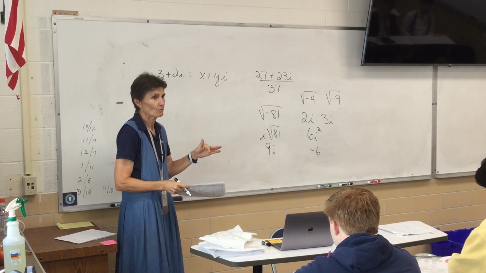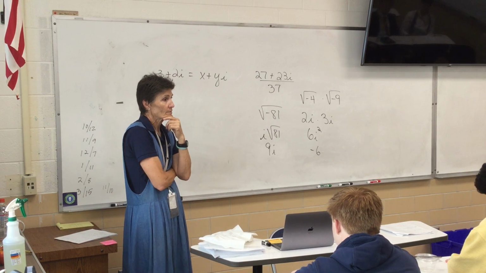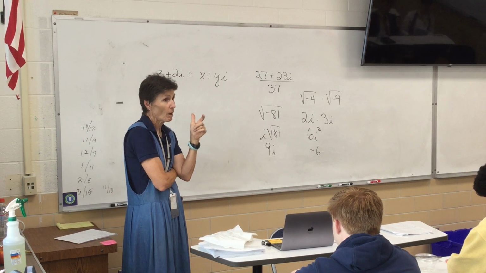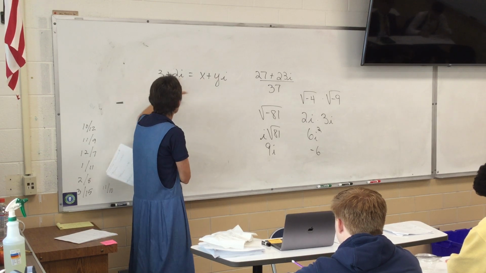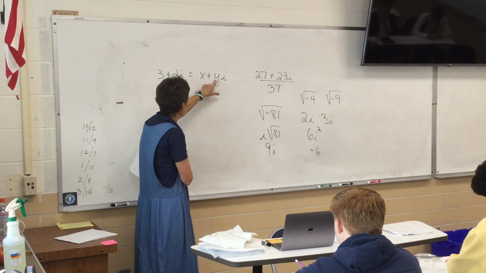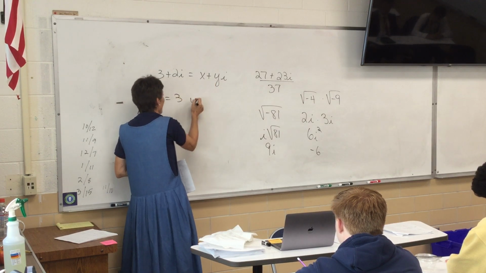Now just look at that for a minute and tell me if you know what x and y are. Because you can look at the problem and tell me. What does x have to be? 3. And what does y have to be? 2. How do we know x has to be 3 and y has to be 2?